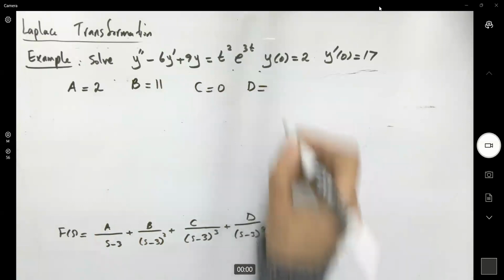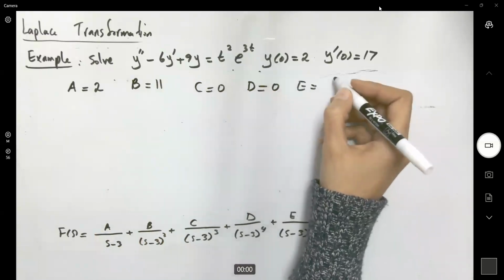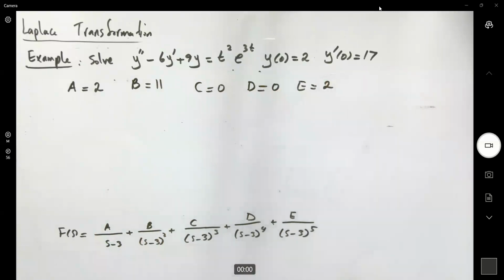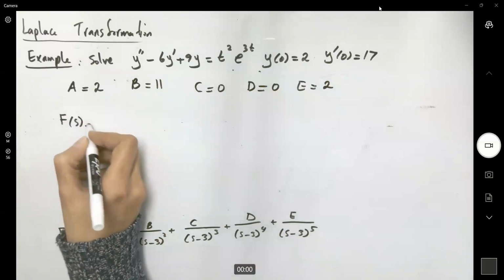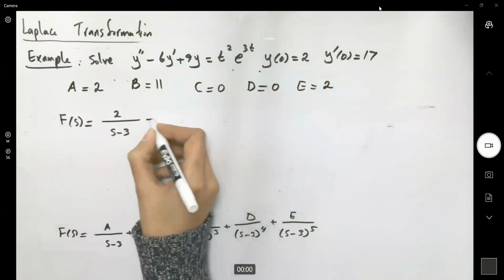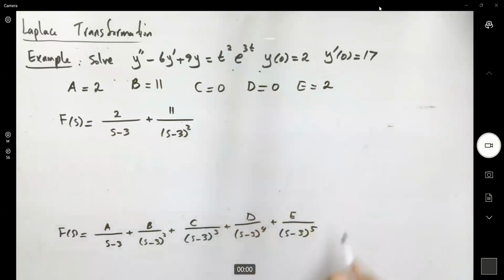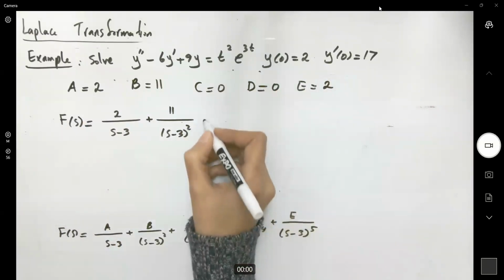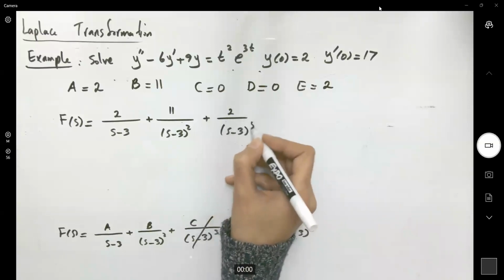D becomes 0. And E is equal to 2. Very well. So our F(s) is nothing but 2 divided by (s minus 3) plus 11 over (s minus 3) squared, these are 0, and plus 2 over (s minus 3) to the fifth.